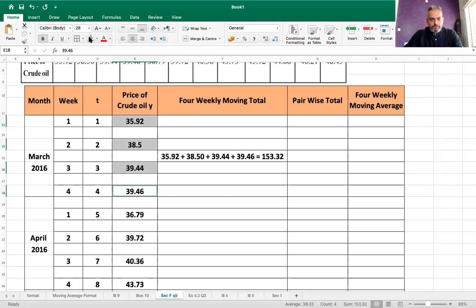Now 1, 2, 3, 4. We did the total of these 4. Now what we do is again next 4. So 1, 2, 3, and 4. These 4 we have to take the total.